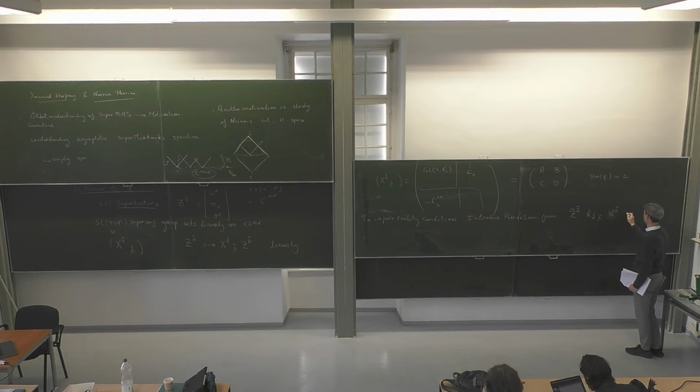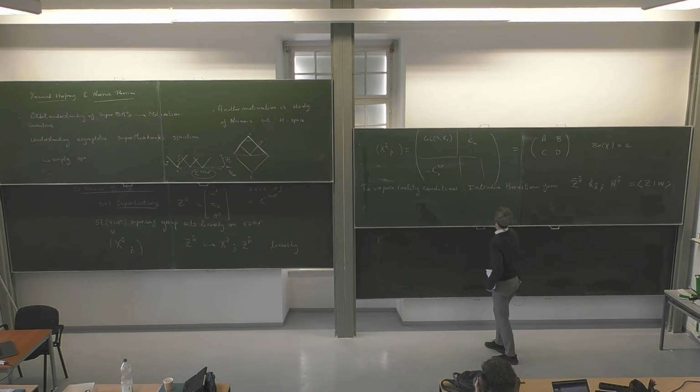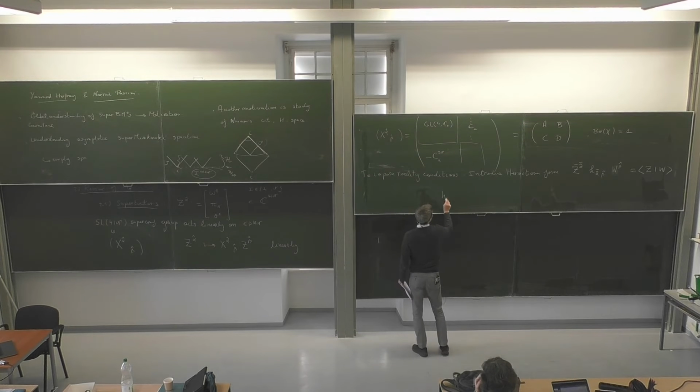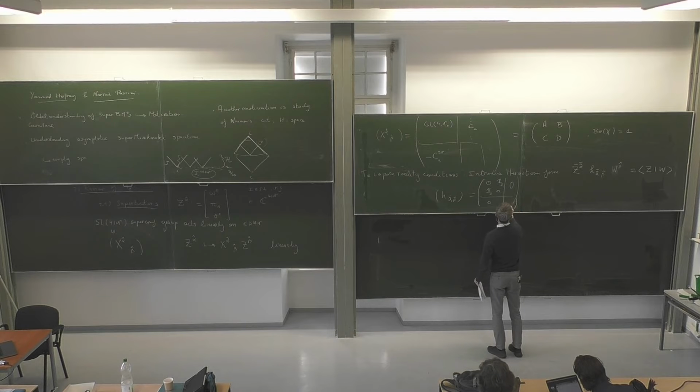You can write it in this way, and this matrix here is that. Here we put minus the identity.